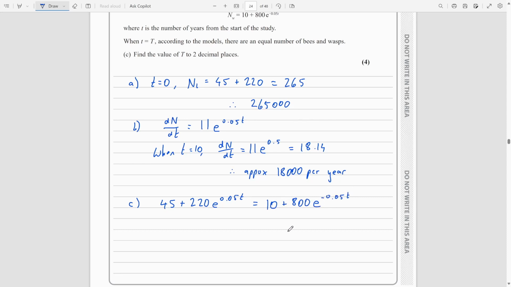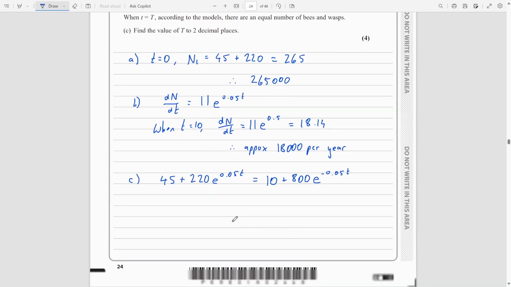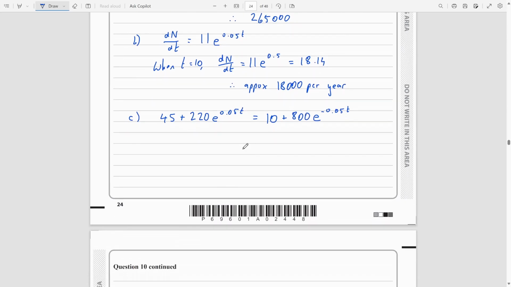Okay, for this we can neaten things up a little bit by, for instance, subtracting 10 from both sides, but we've got a slight issue here, which is you're going to have an e to the power of 0.05t, you're going to have a constant, and you're going to have a minus 0.05t.